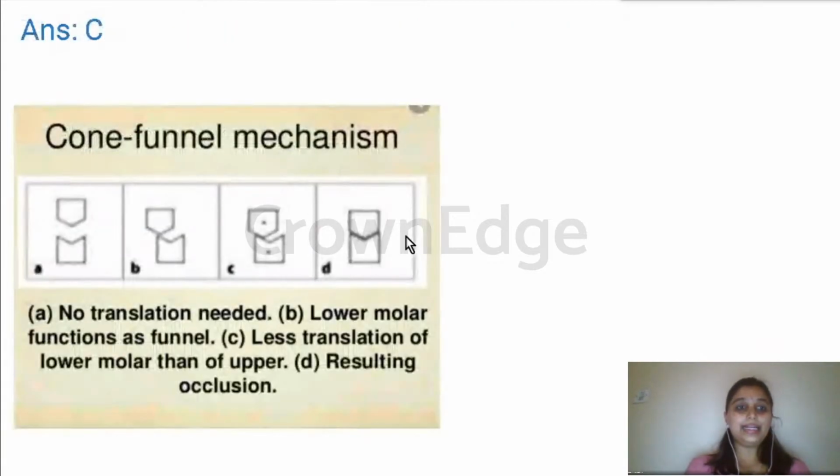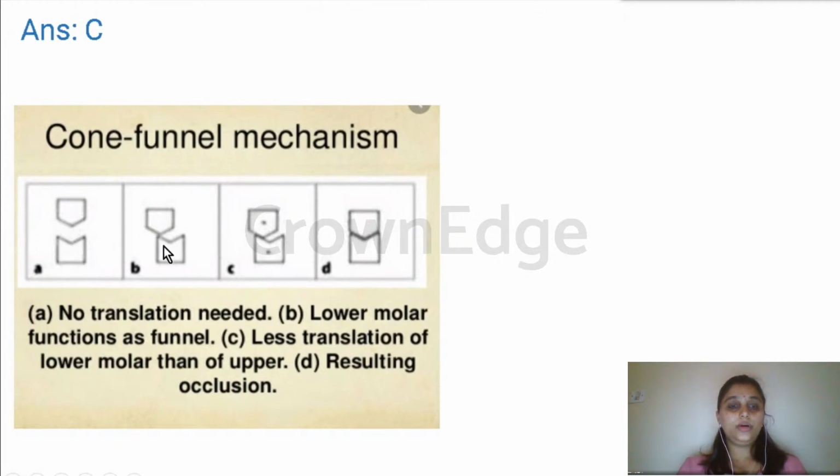So what exactly is this cone and funnel mechanism? Basically, this is the cone, and this is the funnel. In picture A, when the teeth are going to erupt like this, there is nothing to be done. This is the cone, this is the funnel.